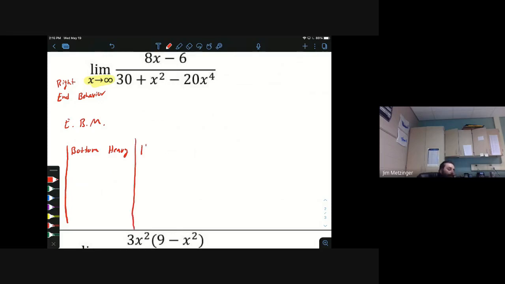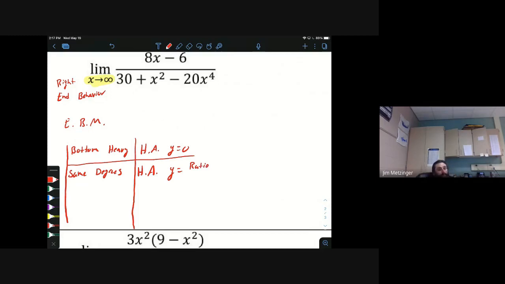That means you have a horizontal asymptote of the x-axis. You have same degrees top and bottom. You have a horizontal asymptote, y equals the ratio of the coefficients. If I had x to the fourth on top and the bottom, it'd be the ratio of the numbers out front.